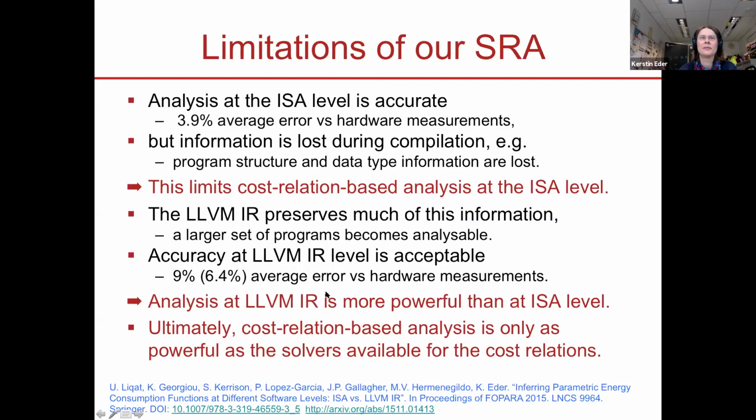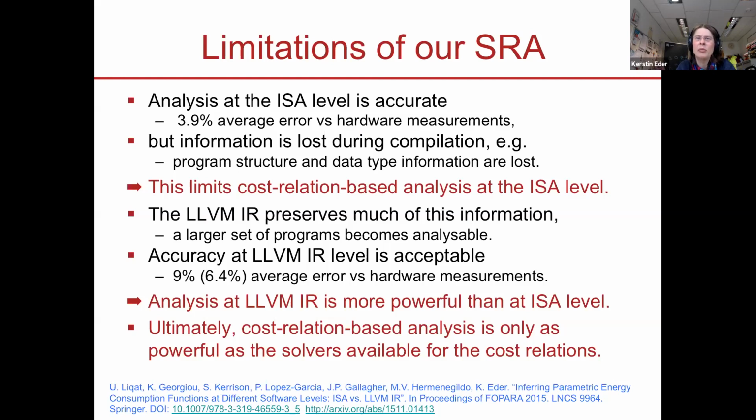Okay, so what are the limitations of our static resource analysis? The one that uses cost relations, right? We've seen that the analysis at the ISA level is reasonably accurate, 3.9% average error when compared to hardware measurements. But a lot of information is lost during compilation, program structure, data type information, etc., which makes this very difficult, and that limits the cost relation-based analysis at the ISA level.